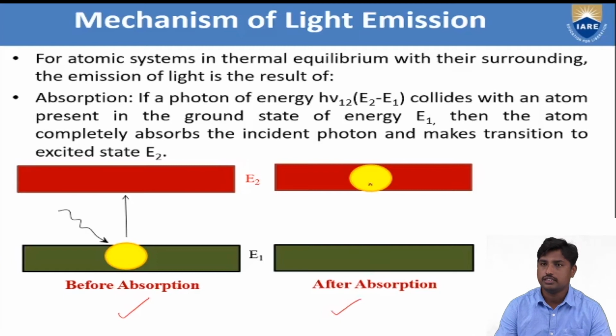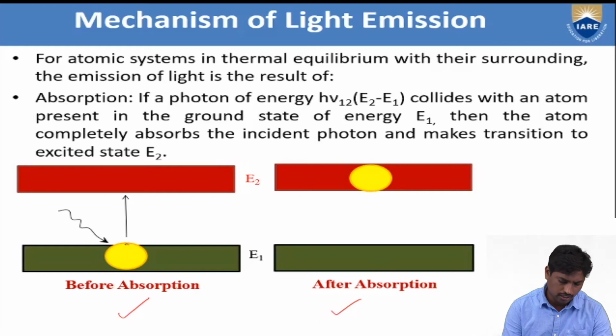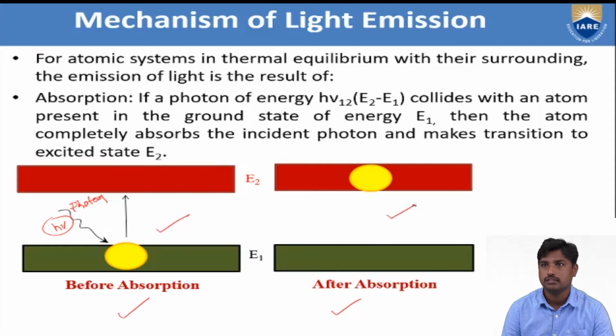If a photon of energy h nu collides with an atom, nothing but with an electron in the ground state, the electron in the atom is excited to the higher energy state. It makes a transition to excited state E2. This is called stimulated absorption.